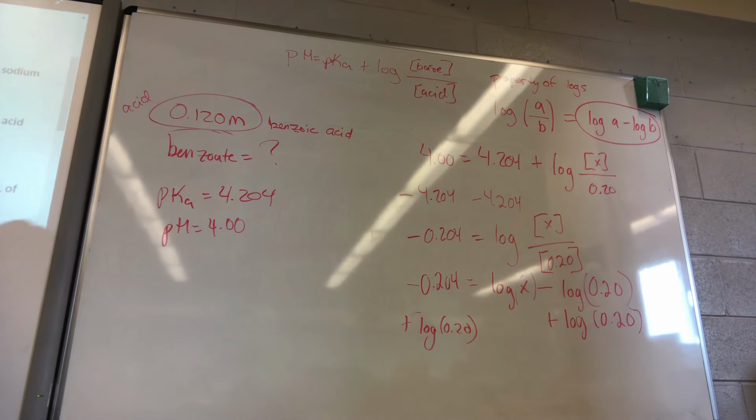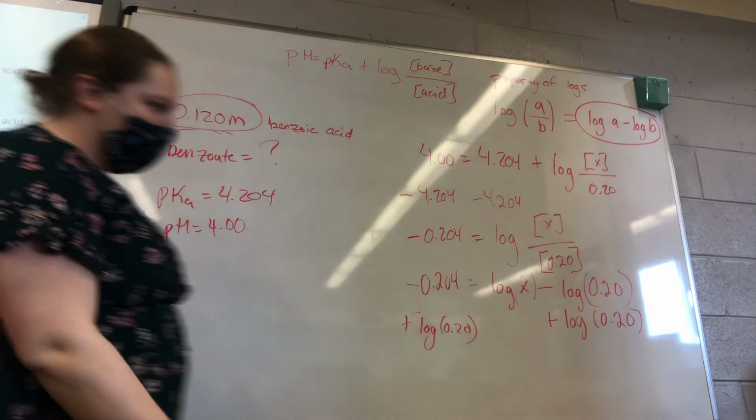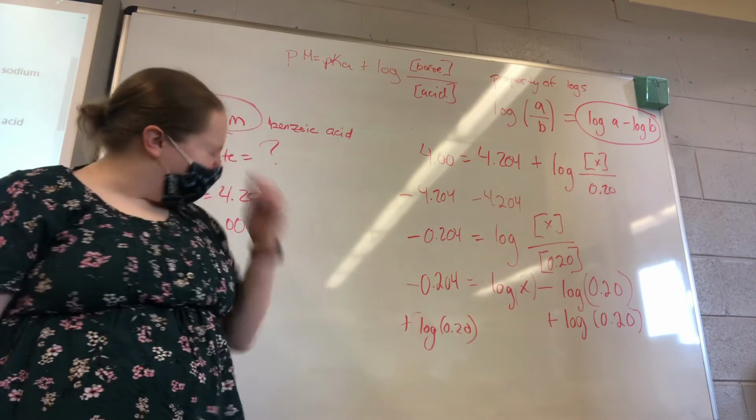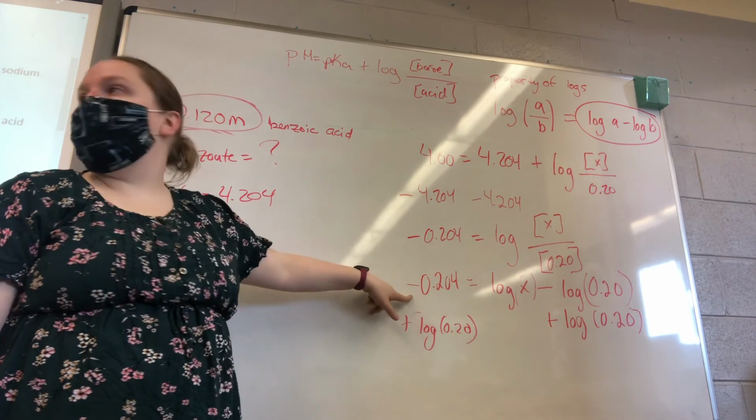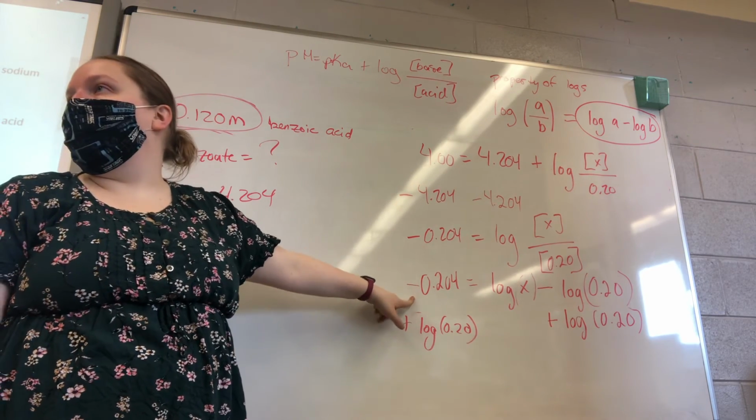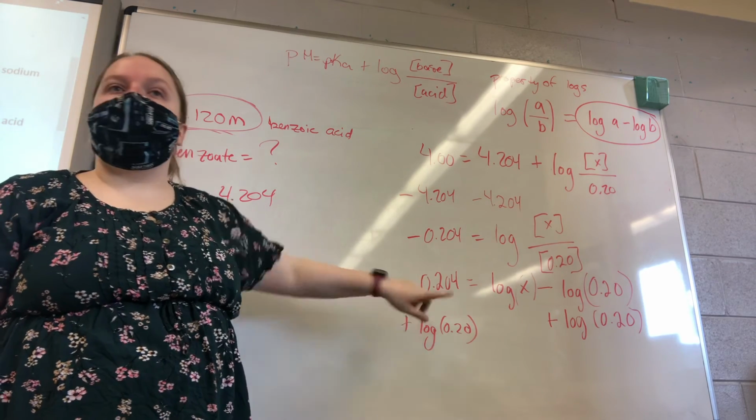I don't have a calculator. Someone else has to do it. Negative 0.699. Yep. So aren't we subtracting it then? So it's negative 0.204 minus 0.699 is what?